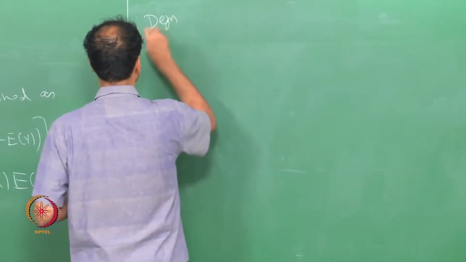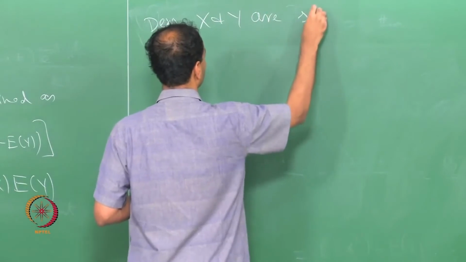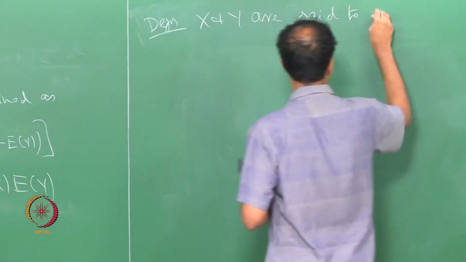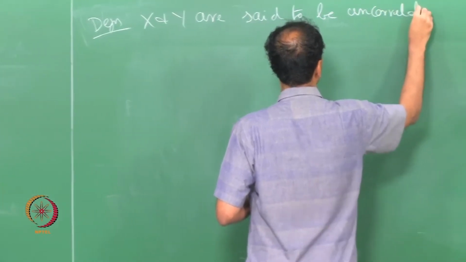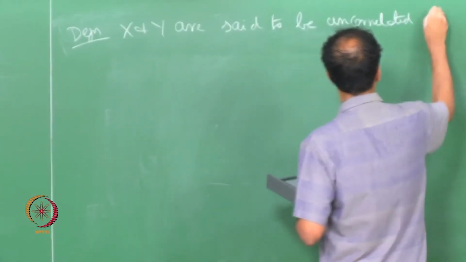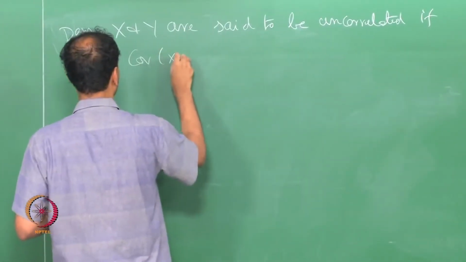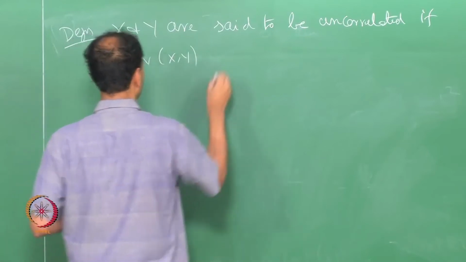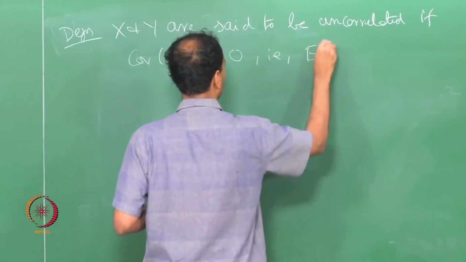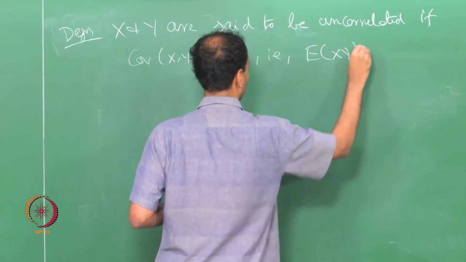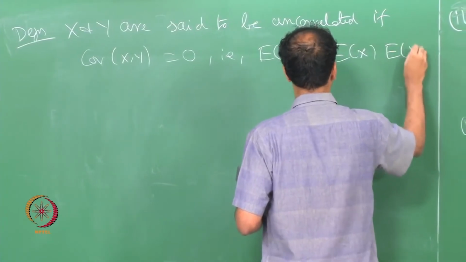Definition: x and y are said to be uncorrelated if covariance of x and y is equal to 0, that is, expectation of x y is equal to expectation of x times expectation of y.